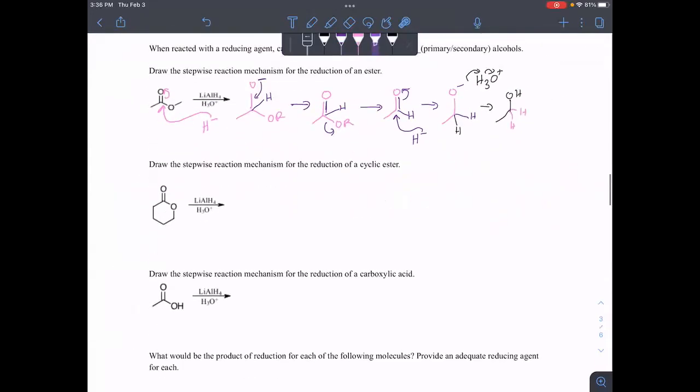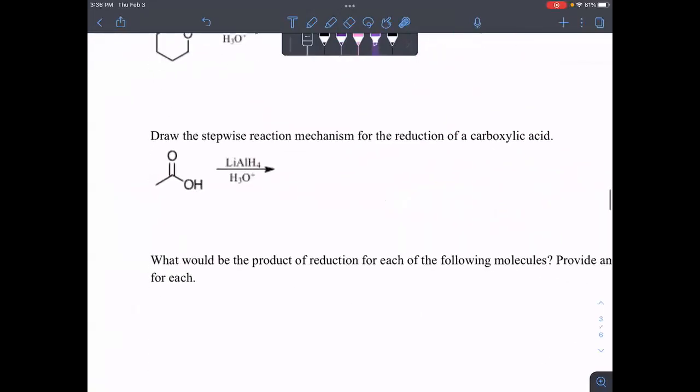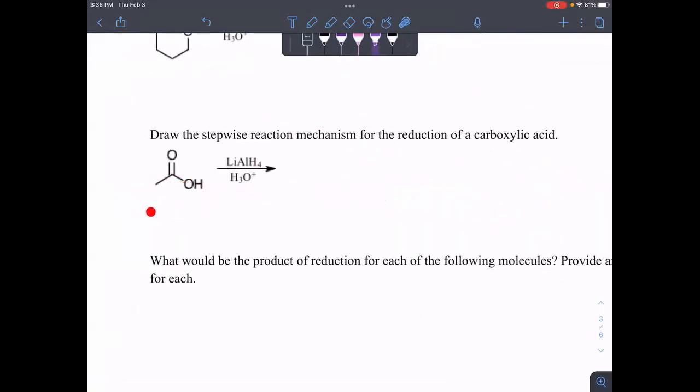And then before we do it with the cyclic ester, just know it's the exact same thing for a carboxylic acid. It's the exact same mechanism, except for an OR as the leaving group, we have an OH. I'll just draw that quickly.